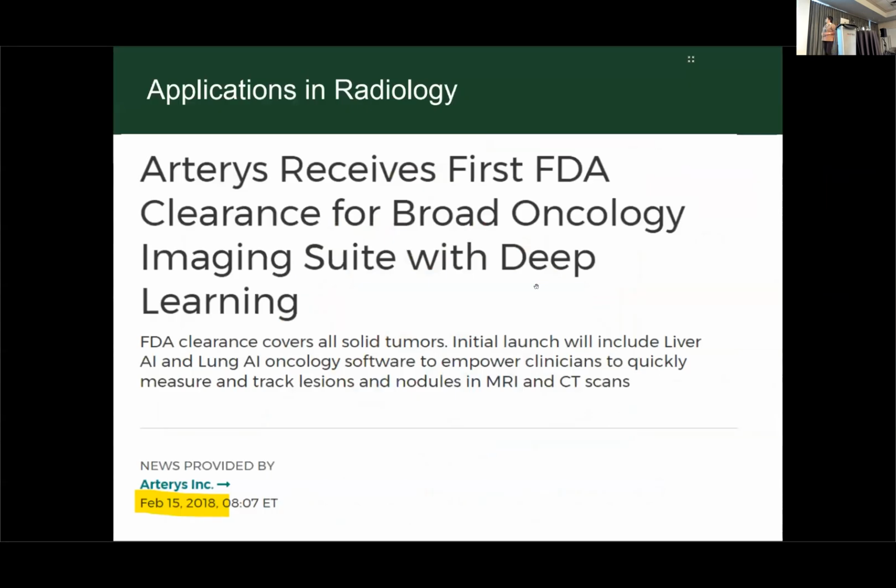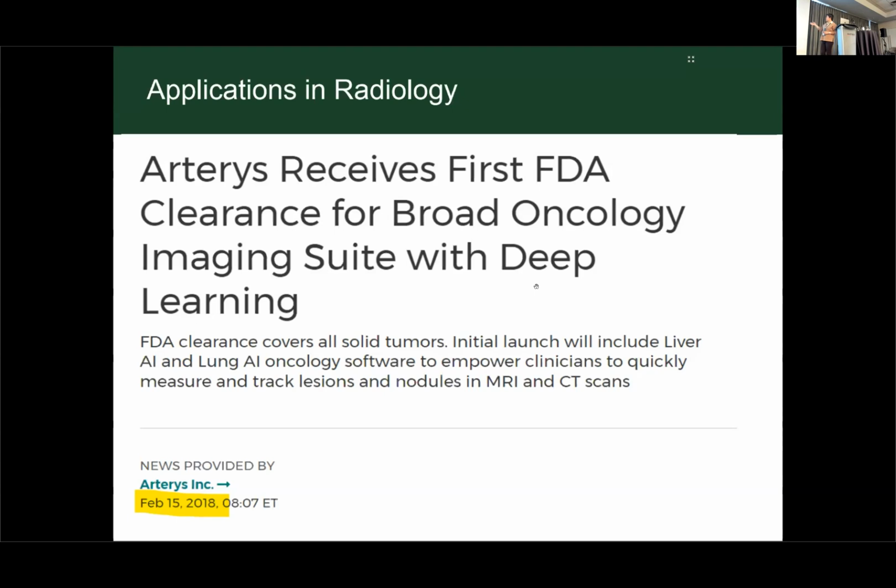All right, so then there are actually a lot of applications in radiology in the AI field. This one is the first FDA clearance for this software company, let's say, that covers all solid tumors.